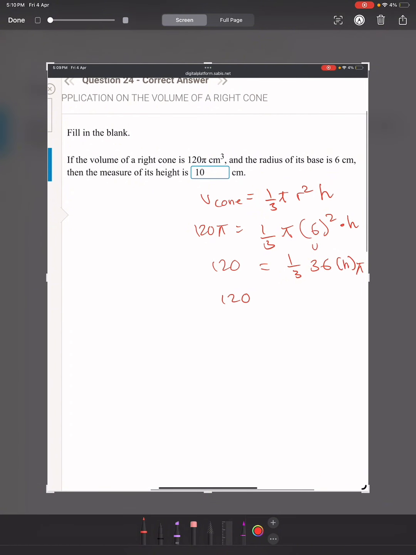So 120 equals 12h pi. You can cross out the pi and the pi. 120 equals 12h. Move this to the other side. Divide 120 by 12. You get h to be 10.